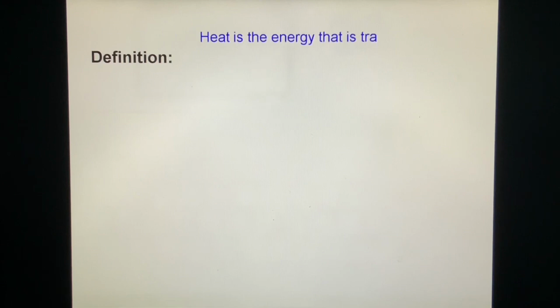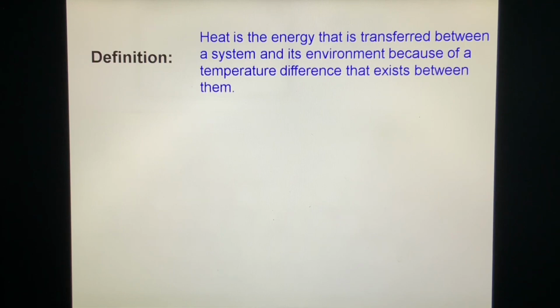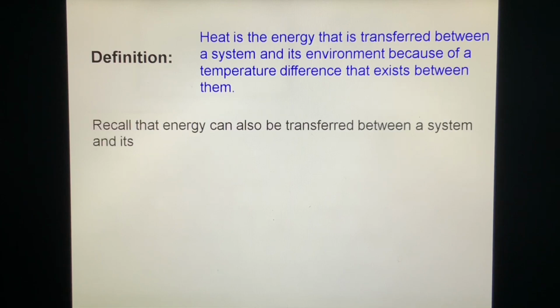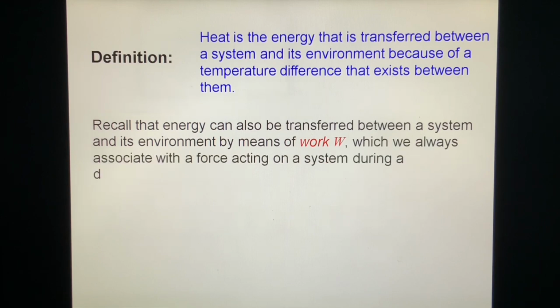Definition: heat is the energy that is transferred between a system and its environment because of a temperature difference that exists between them. Recall that energy can also be transferred between a system and its environment by means of work, W, which we always associate with a force acting on a system during the displacement of the system.